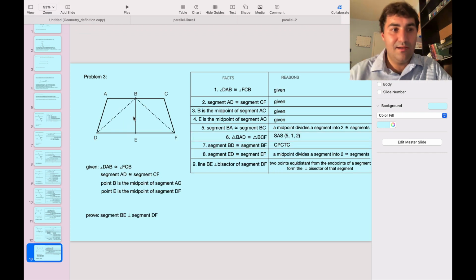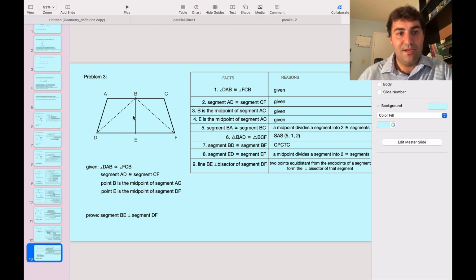Here's the last problem. I know it's been a long video, but there's a lot of stuff to cover. So let's take a look at it. This is actually called a trapezoid, this ACDF figure here.